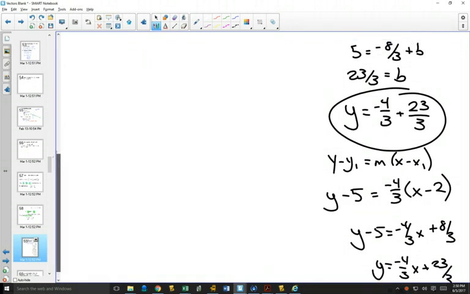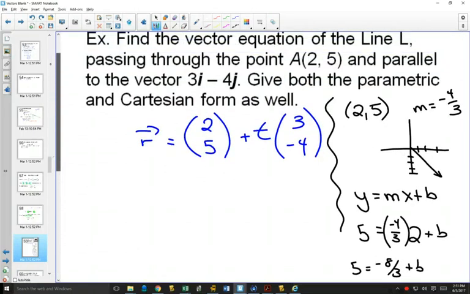Now, how does that relate to this? Well, first of all, I want you to notice that there are no not-nice fractions in this. You're just dealing with nice numbers, something that is nice about a vector equation of a line.